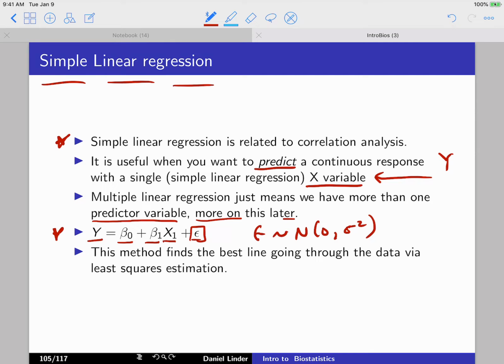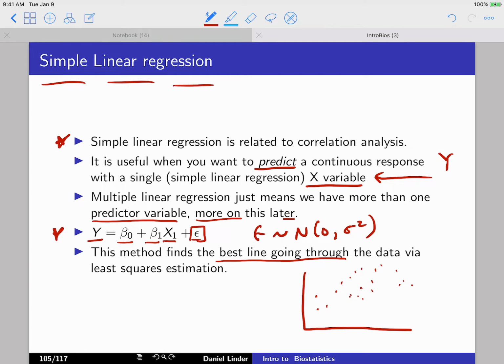Once we see the data, we try to find the best line going through these data points. If we're doing a regression analysis, or a correlation analysis, we'll have data on X and Y for each individual, and if we were to plot that, it would look something like this.